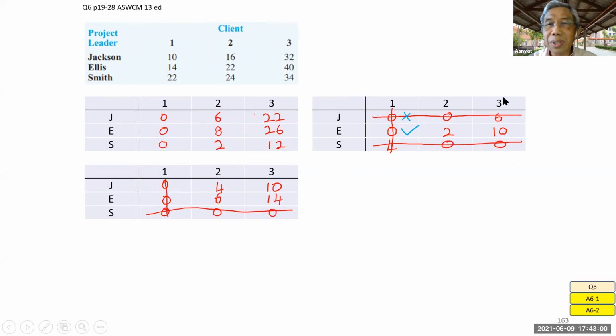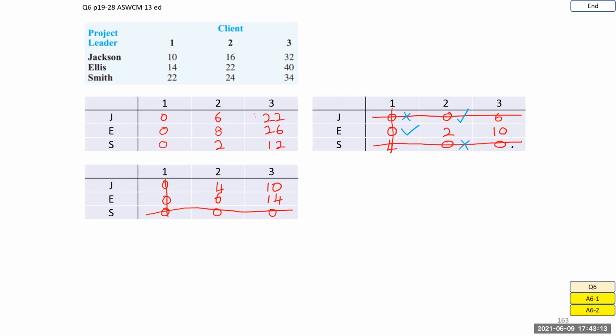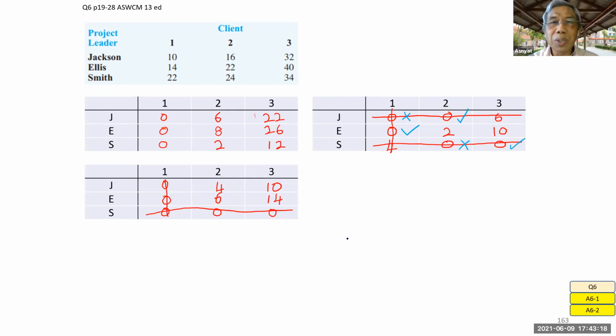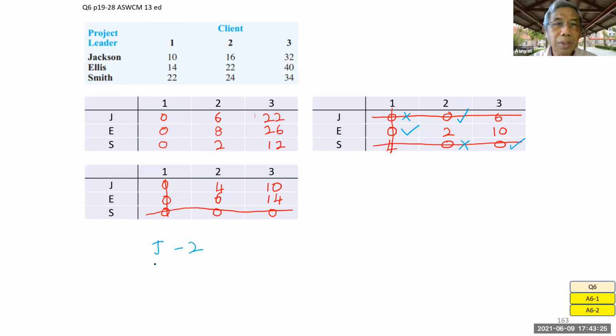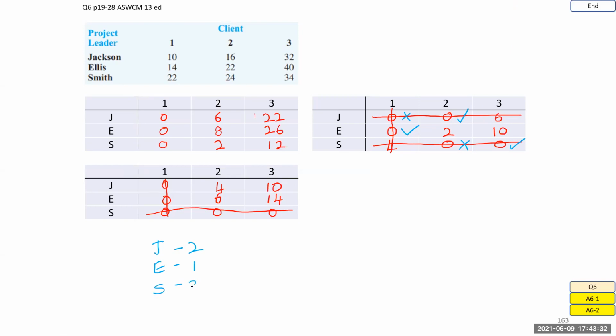Or this one, also okay, whichever way, all these are logical. Once number 2 is taken, it cannot do this job. And then Smith will do number 3. So the assignment will be Jackson to number 2, Alice to number 1, and Smith to number 3.